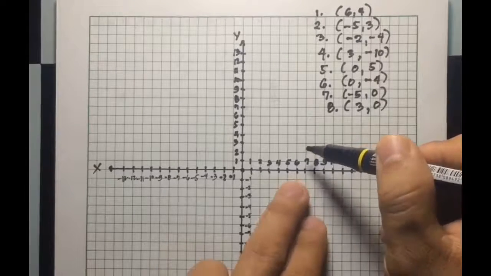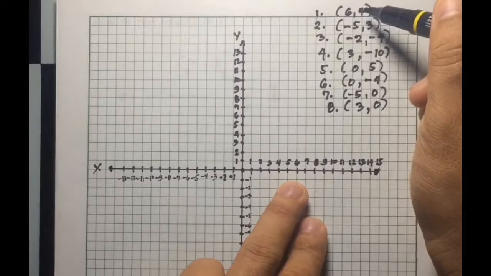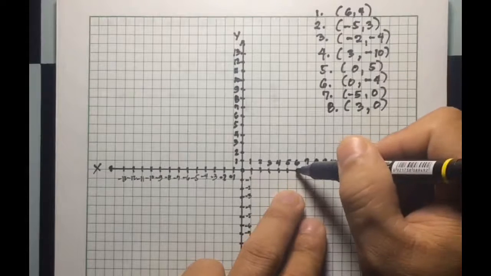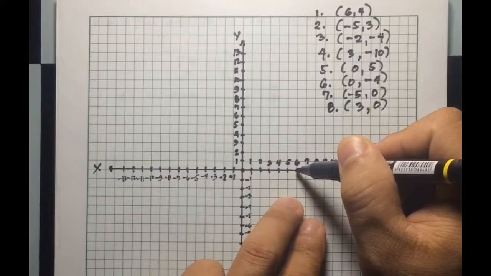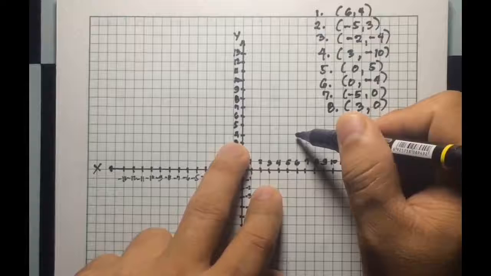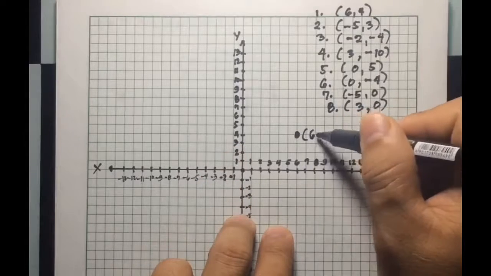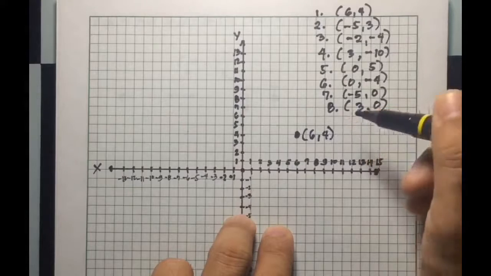Then y is 4. This is positive, so you're going to move upward. From 6, you're going to move 4 units up: 1, 2, 3, 4. So this is now point 6, 4.